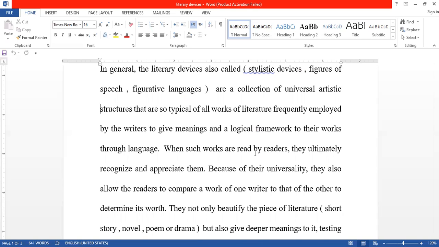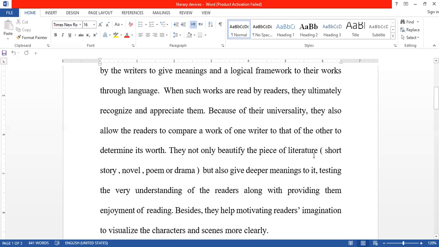When such works are read by readers. When such works are read by readers, the ultimately recognized by And appreciate them. appreciate them because of their universality. They also allow the readers to compare a work one writer to the other. Okay. To the other. To that of the other.